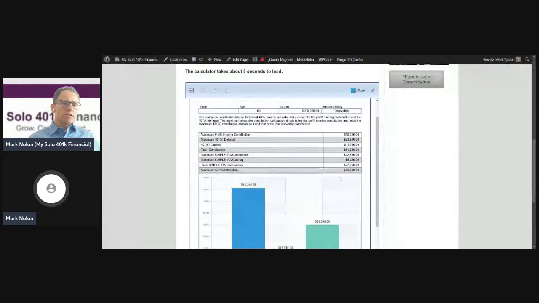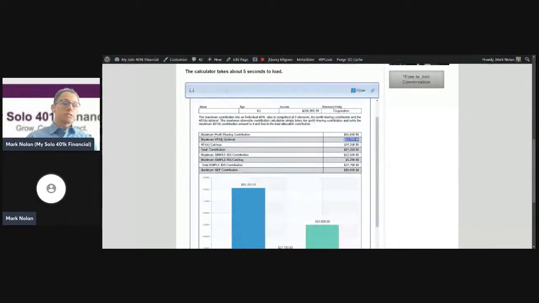Of course, there are a lot of different scenarios here. For instance, let's say you've already maximized your employee Roth contributions to your daytime job. You wouldn't be able to make any employee Roth solo 401k contributions to your solo 401k, because those are aggregated with your daytime job employee Roth 401k contributions.